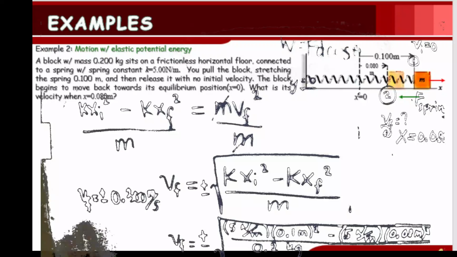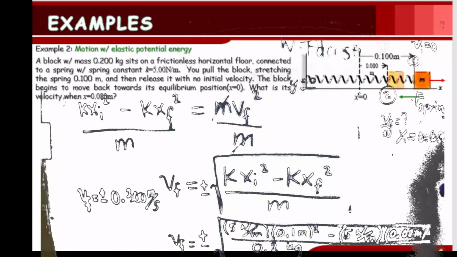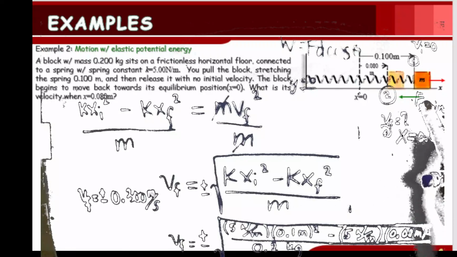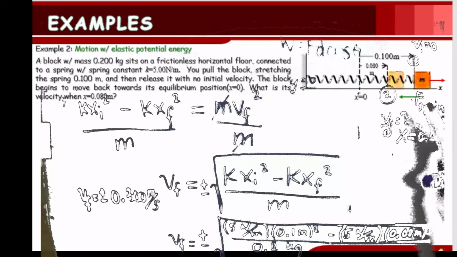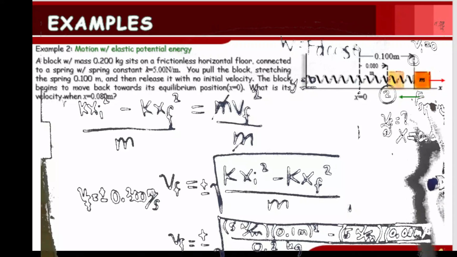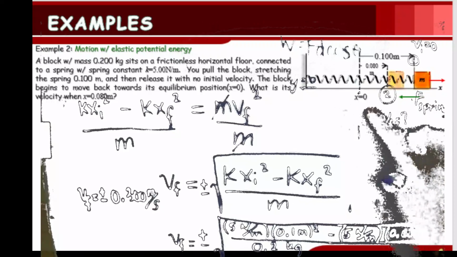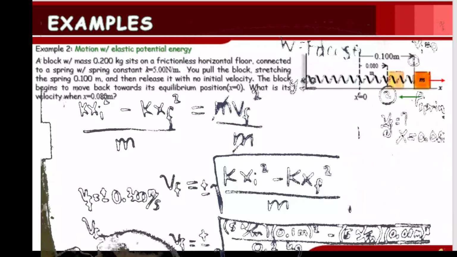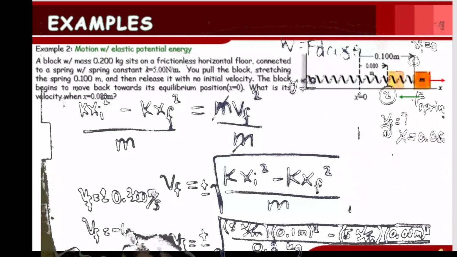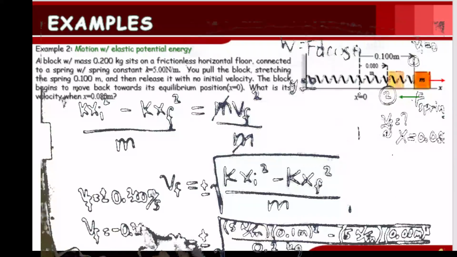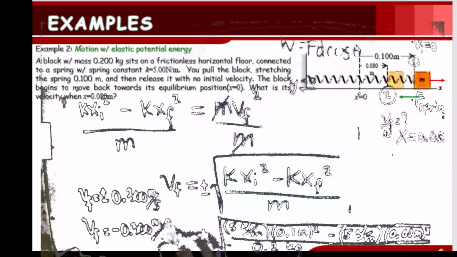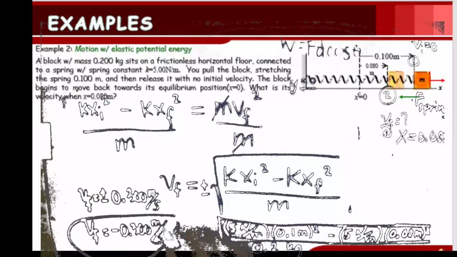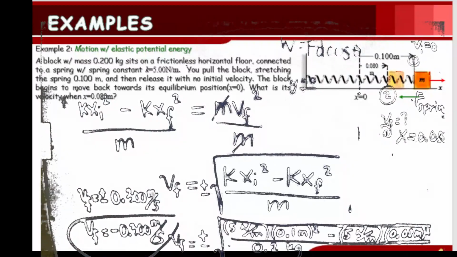Which of the two? Let's go back to our diagram. The motion is directed to the negative direction, or to the left. So the final answer we give is the negative value, negative 0.3 meter per second. Okay, so that's it.